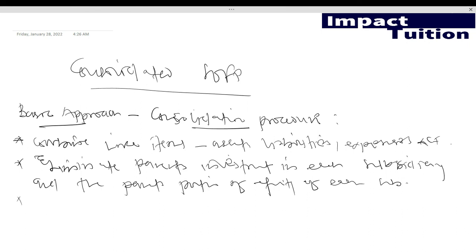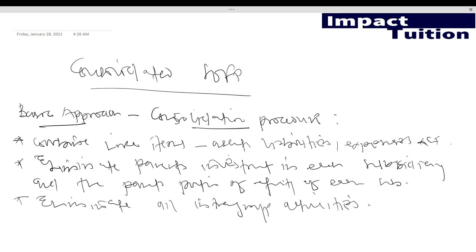Next, eliminate in full intragroup assets, liabilities, equity, income, expenses, and cash flows related to transactions between entities of the group. Where there are intragroup activities, eliminate all intragroup activities.